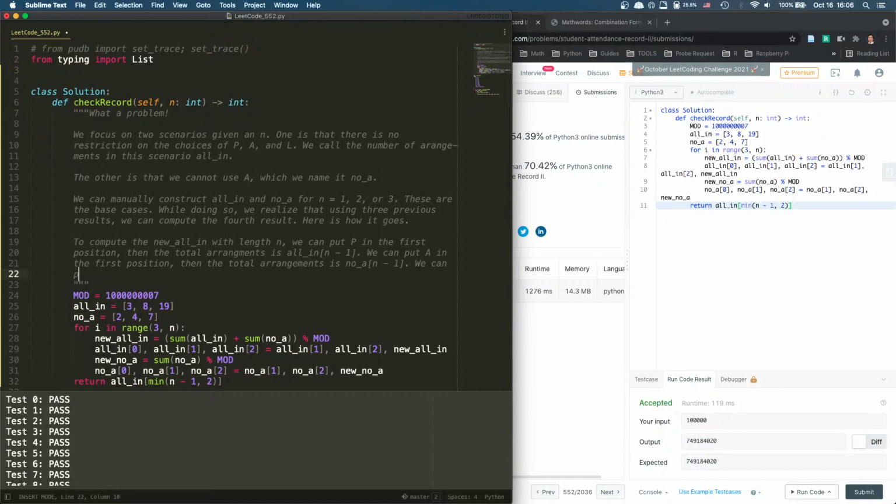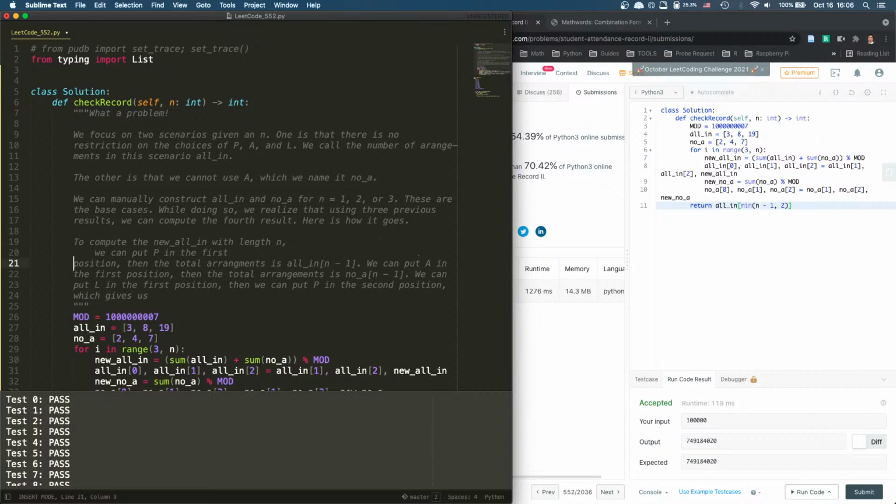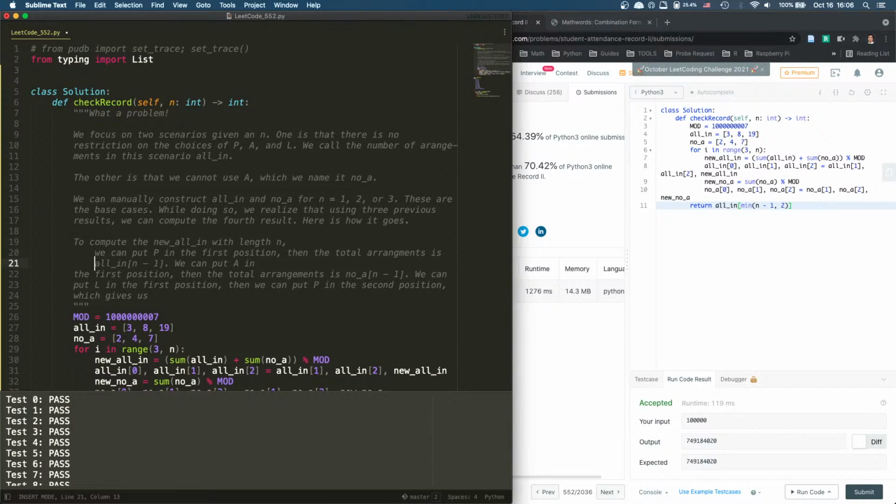We can put L in the first position. Then we can put P in the second position, and the arrangement is this.